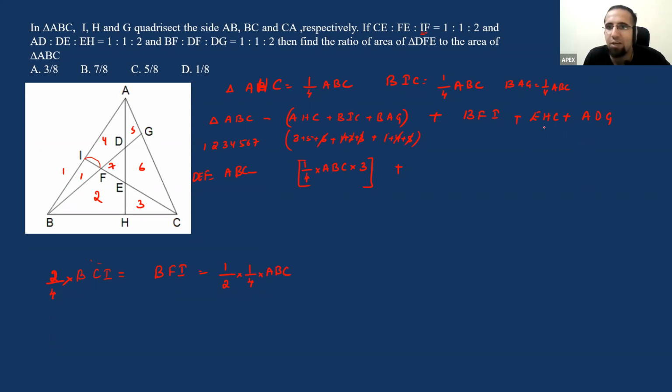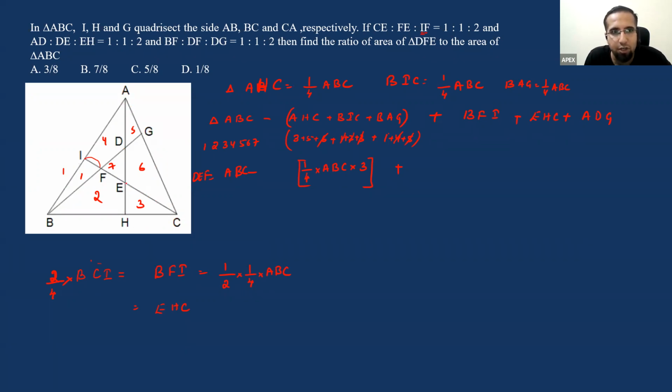Similarly, if you go with EHC also, you get EHC. If you observe EHC, I will take with the triangle. EHC is how much, guys? Clear? If you take EHC, we can take to the triangle AHC.